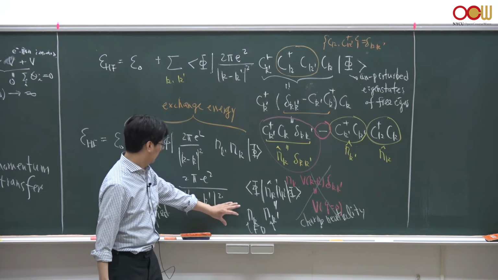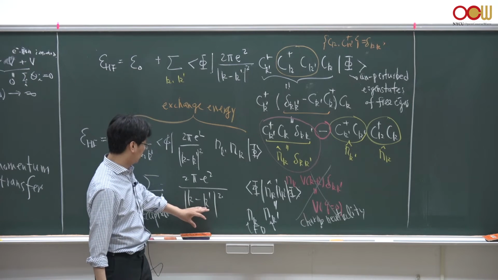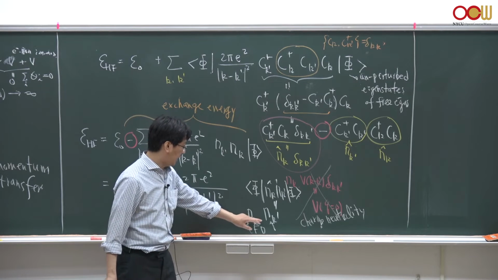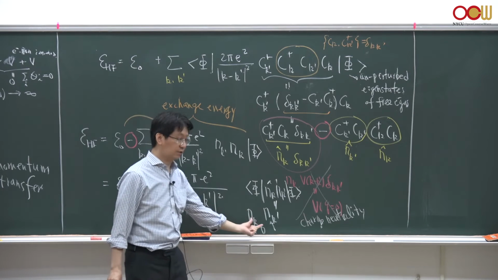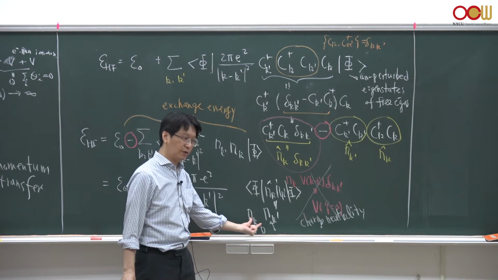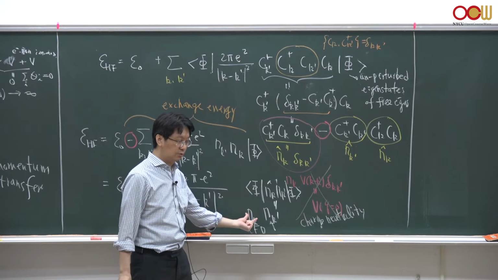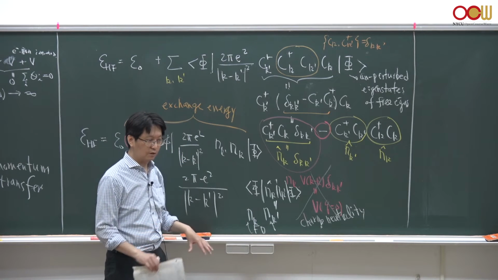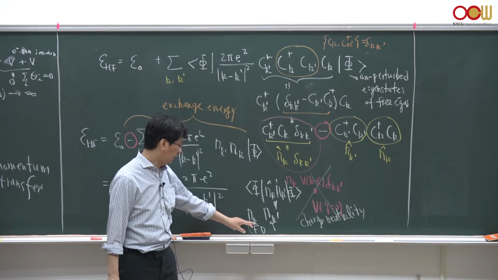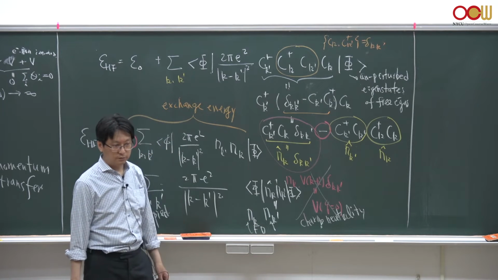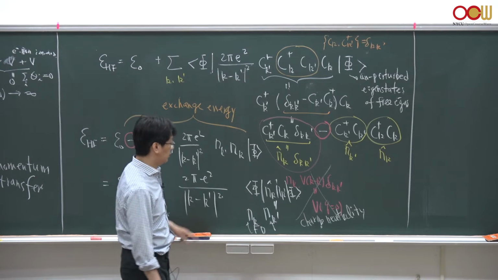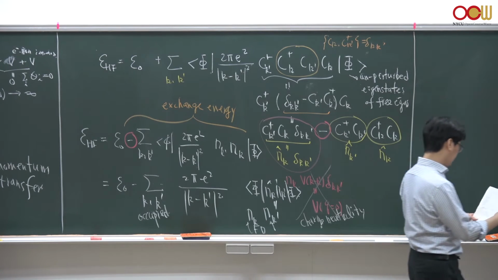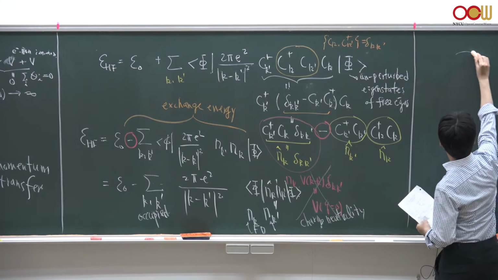Therefore, this is simply telling us that for n of k and n of k prime, we need to multiply these two Fermi-Dirac functions, and to find this intersection where both n of k and n of k prime are non-zero. At 0 temperature, this is nothing but an intersection between these two Fermi spheres.